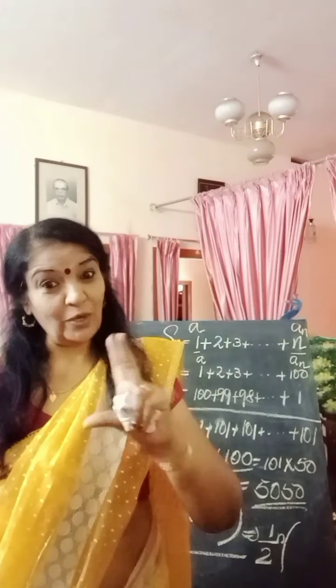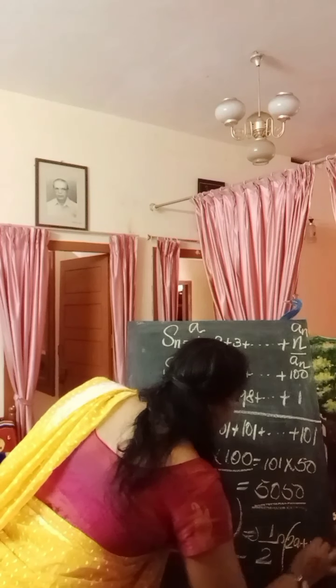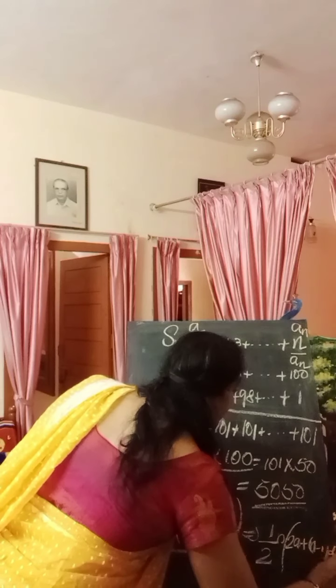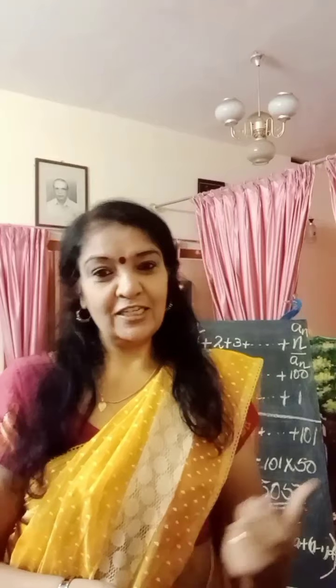So two a's are coming, so half n into (2a plus (n minus 1) into d). To find the sum of n terms, we want to know how many terms there are, n, and the first value a. Then we want to know either the common difference or the last term. So using this formula, we can find the sum of n terms of the numbers.